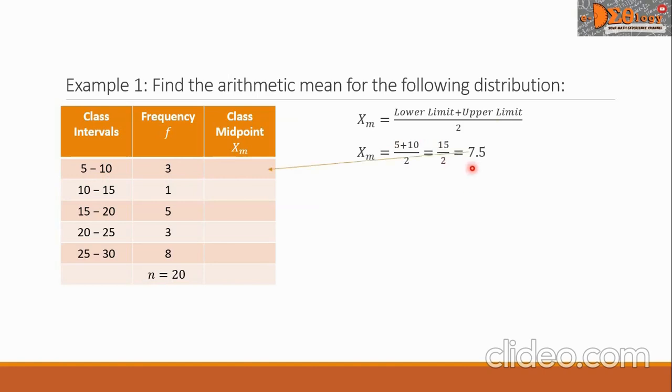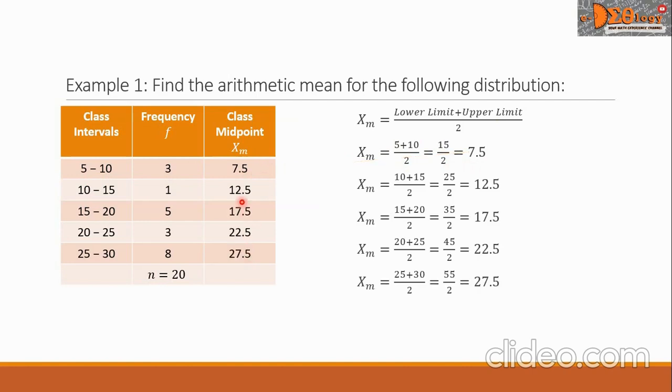And this value we will write on the blank. So we have here the 7.5. We will follow this idea for the other blanks on the class midpoint column. So you see this 12.5 comes when we add 10 and 15 divided by 2.